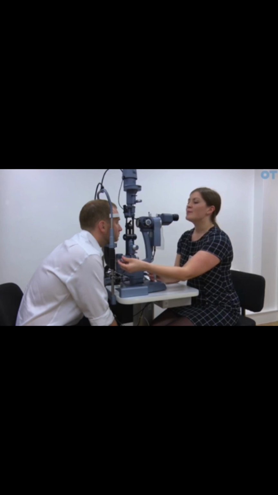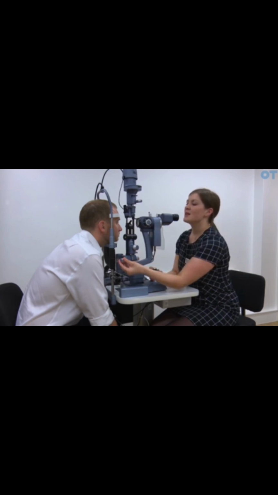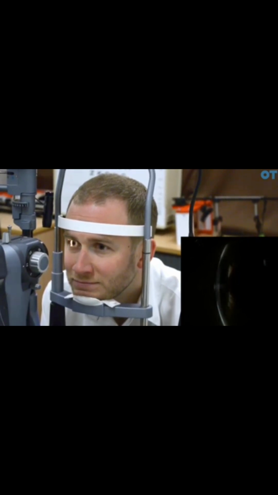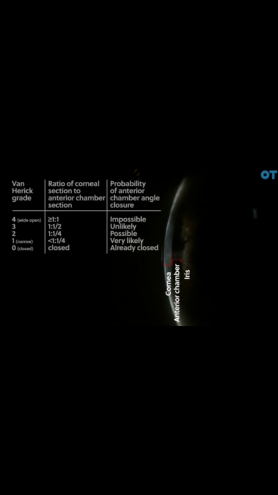Use a narrow beam placed exactly at the limbus, and essentially you are comparing the thickness of the section of the cornea with the dark band of anterior chamber exactly adjacent to it. You ignore the iris band and you are comparing the thickness of the cornea to the thickness of the anterior chamber. For a grade 4 or a wide open angle, you expect the ratio to be 1:1.